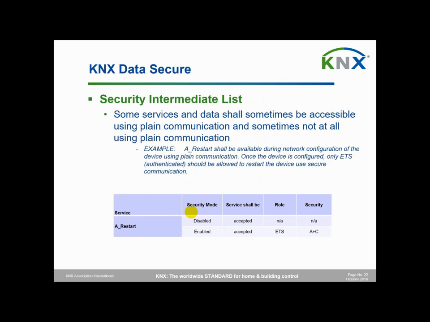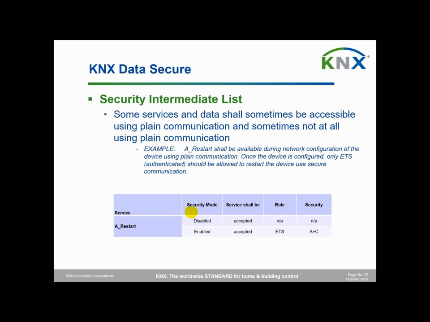Then there's also the intermediate list. It's possible that there are services that in a specific context need to be accessible via plain communication, and then in a specific context not anymore. A typical example is the restart service.